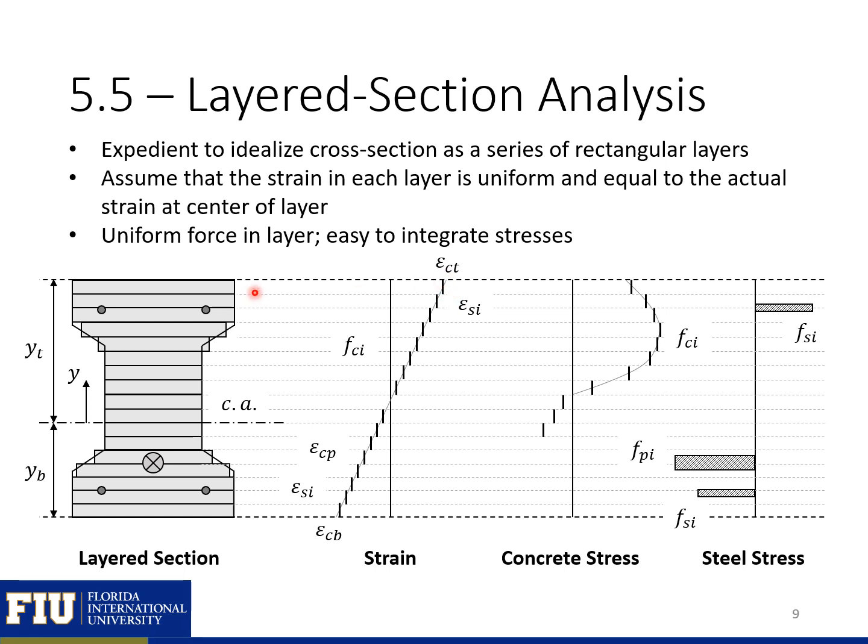So here you can see that each one of these layers we're assuming has a constant strain across the depth equal to the strain at the centroid of that layer. And then you can see we can use that strain to calculate the stress and the average stress in that layer. And then we have a series of stresses and kind of these stress rectangles. So it's easier to integrate the stresses and find the forces and moments across the section depth.